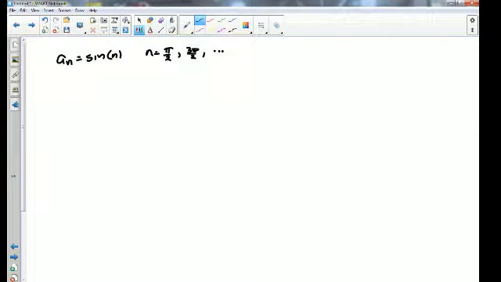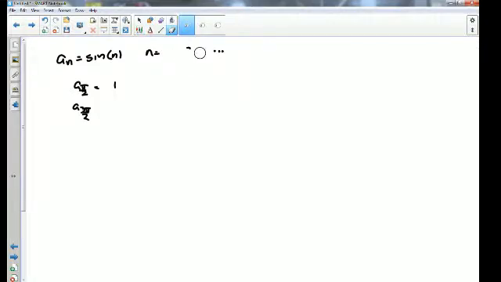What's sine at pi over 2? I don't know if that's great notation on my part, but we'll go with it. Sine at pi over 2 is 1. Sine at 3 pi over 2, you know what?